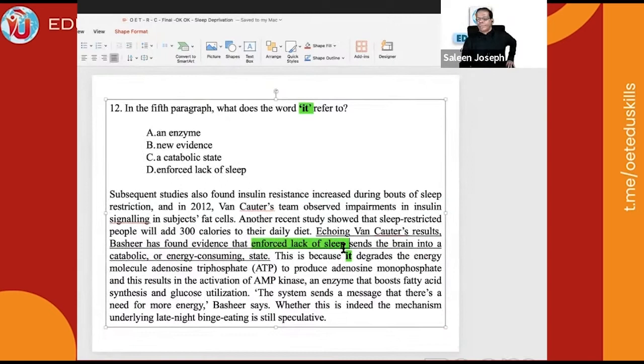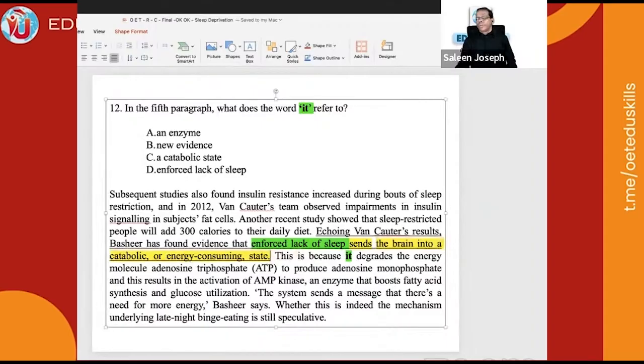Correct? Enforced, this is one part of the results. Bashir has found evidence that enforced lack of sleep sends the brain into a catabolic or energy consuming state. What is the verb? That is the subject, singular. Sends is the verb. Okay, and this one, object.